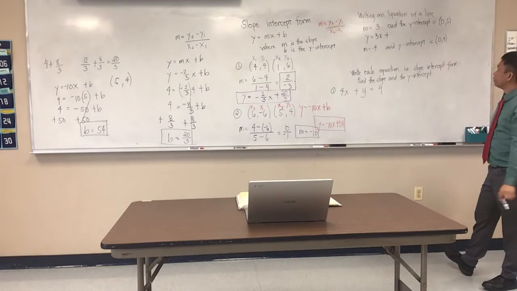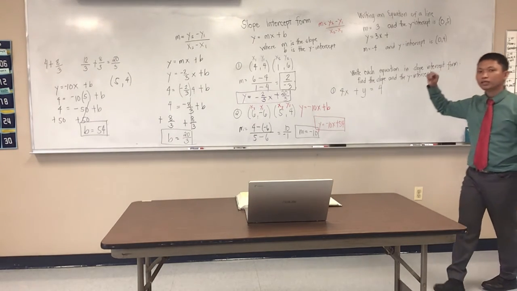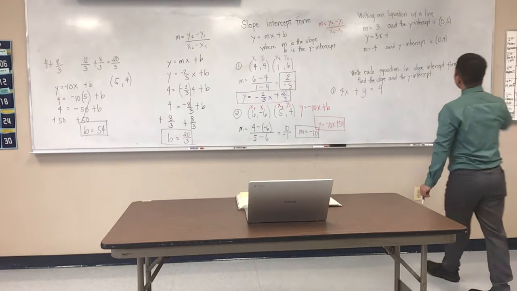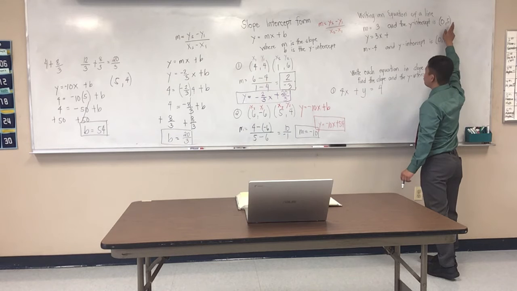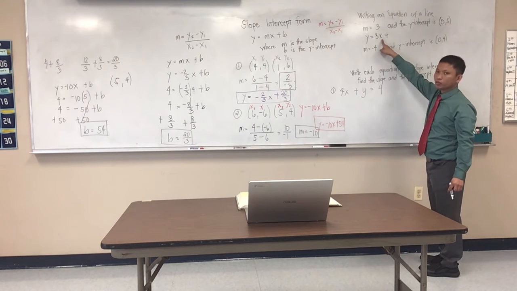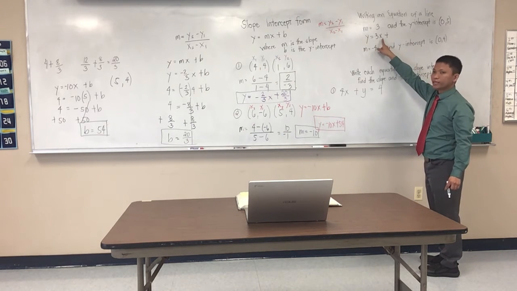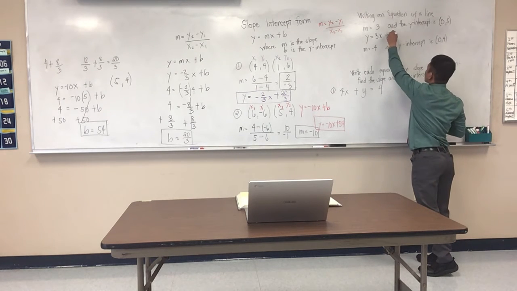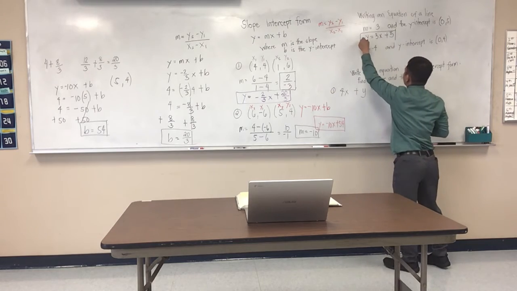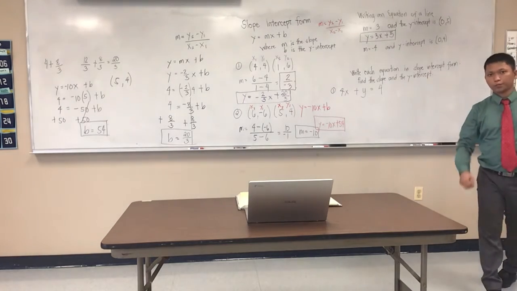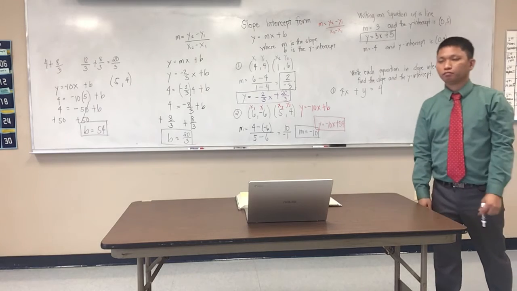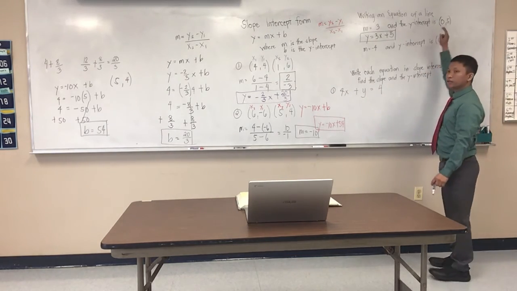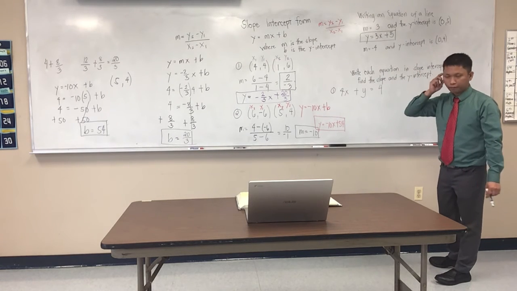Our b is given, the y-intercept is at (0, 5), so x is 0 and y is 5. If x is 0, 3 times x is 0, then y would be 5. So our equation here would be just y equals 3x plus 5. That's easy if we already have our y-intercept.